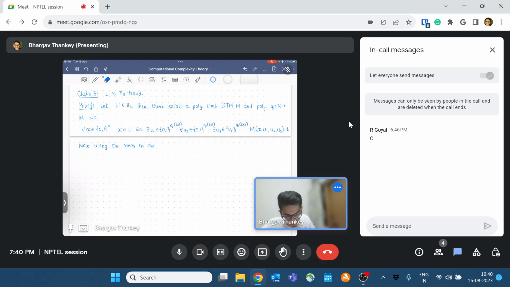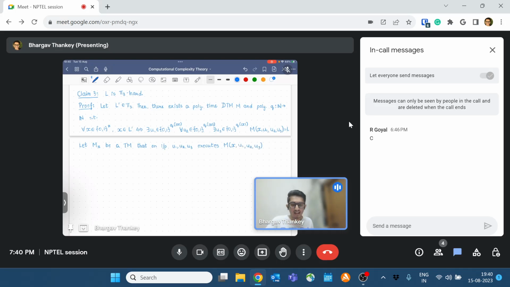Okay, let me first do it like this. Let Mx be a Turing machine that on input U1, U2, U3 executes, or simulates, M on x, U1, U2, and U3.